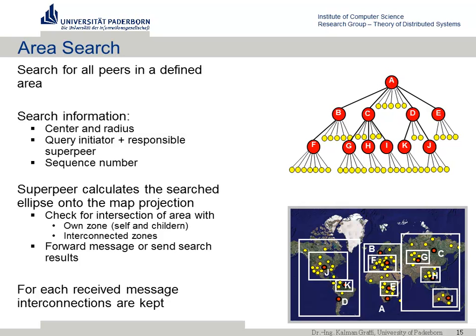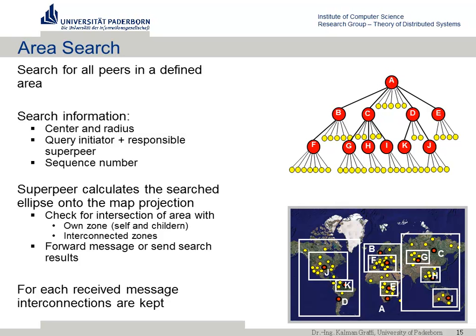So if you are one node somewhere here, for example near Kamchatka in Russia, and your responsible peer is C, you add your own ID, the ID of C, and the position that you are looking for, for example somewhere in Africa.